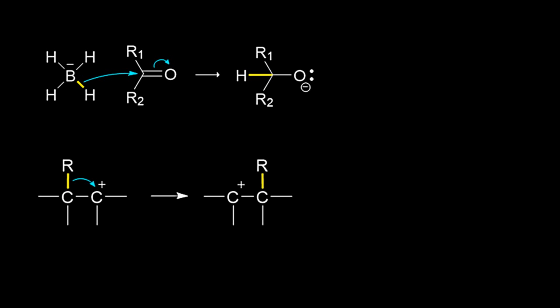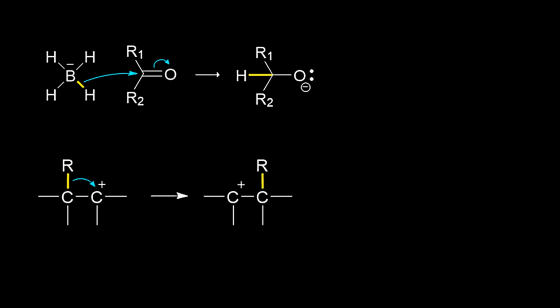Another important example of shared electron pair movement is reduction. A classic case is how sodium borohydride reduces carbonyl compounds. Here's what's going on. NaBH4 donates a hydride ion, and that hydride carries a pair of electrons that attacks the carbonyl carbon. When that happens, the carbonyl pi bond breaks, and the result is an alcohol. Now, that electron pair actually comes from the sigma bond between hydrogen and boron in NaBH4.